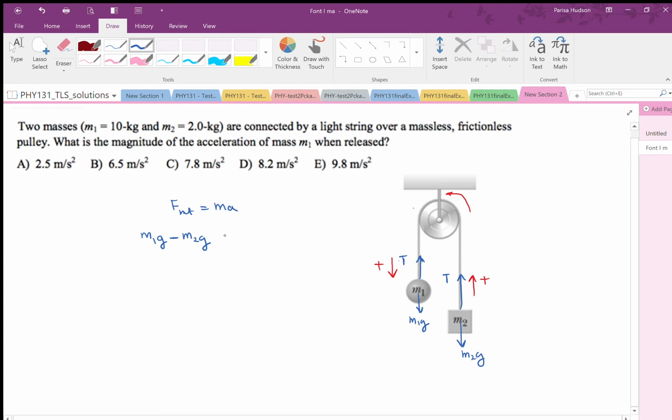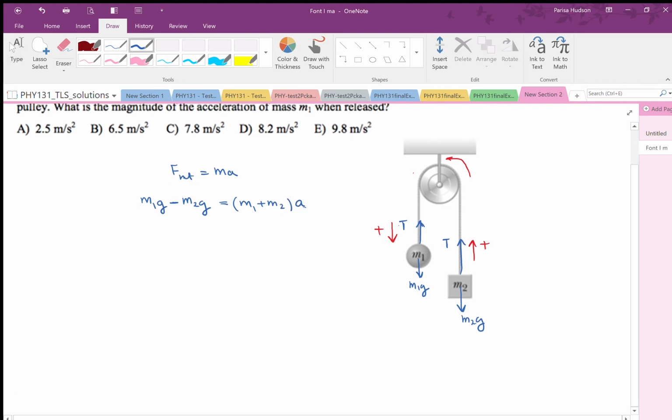So F net equals the total mass, m1 plus m2, times the acceleration of the system. If you isolate this equation for the acceleration, we end up with m1g divided by m1 plus m2, minus m2g divided by m1 plus m2.